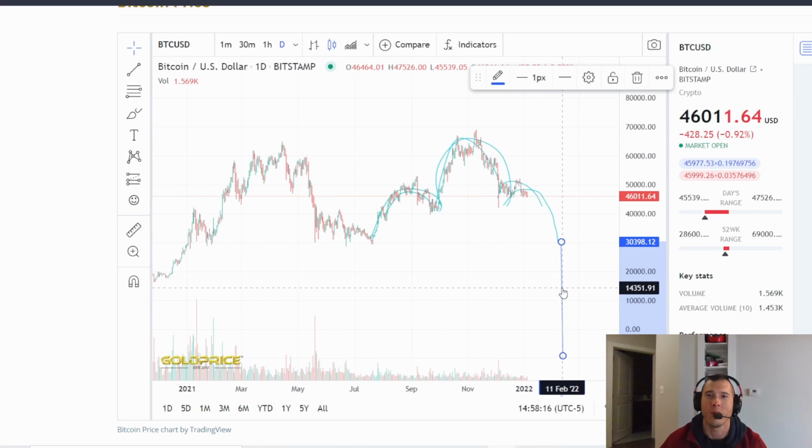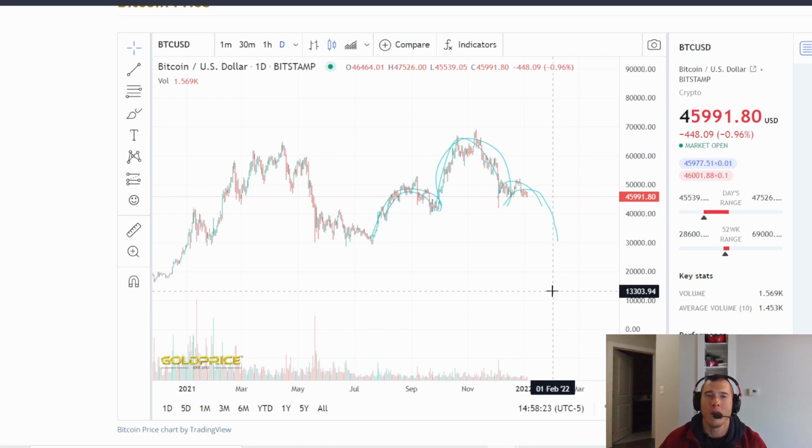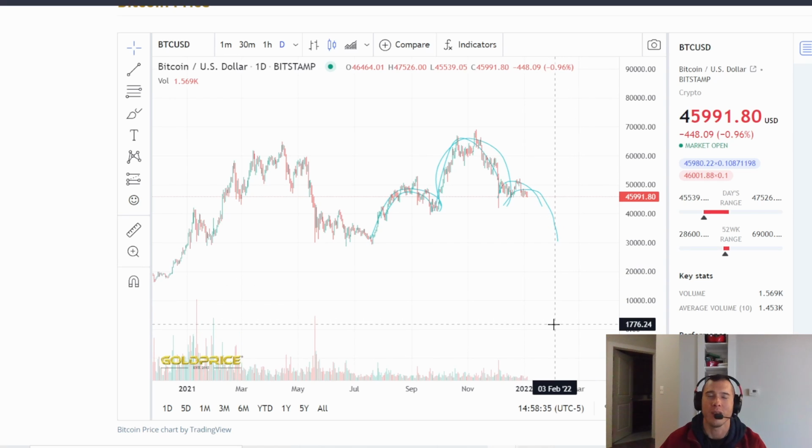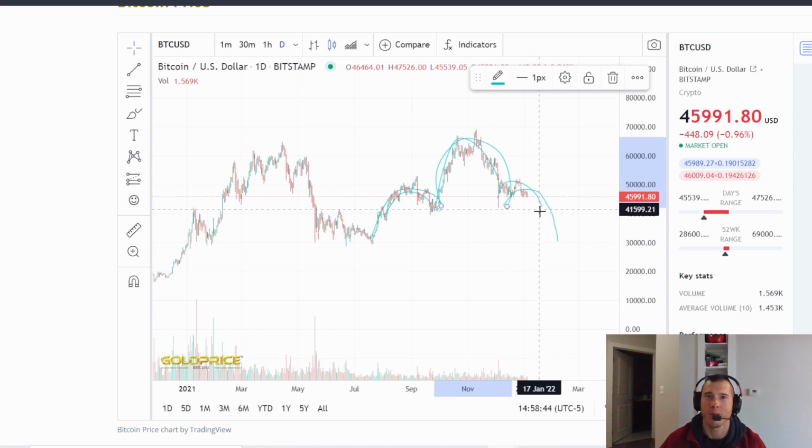So if the price action is just a result of buying and selling, obviously I don't even think it's going close to 0. I don't even think it's going to 10 or 20. But when these figures play out, and they won't play out perfectly all the time, they can come close sometimes.